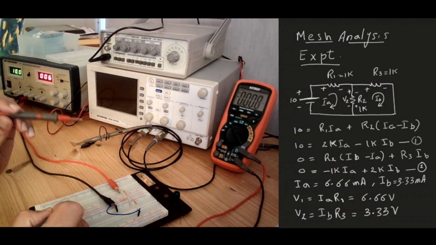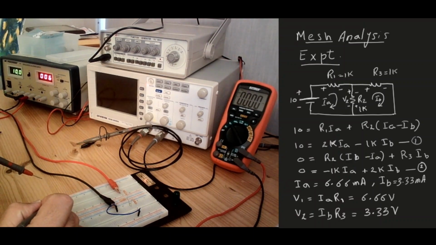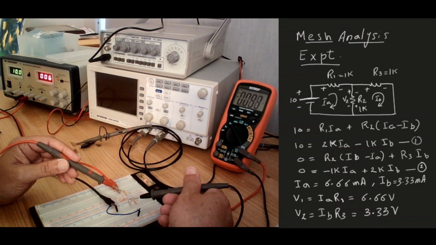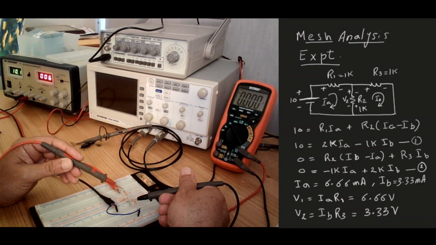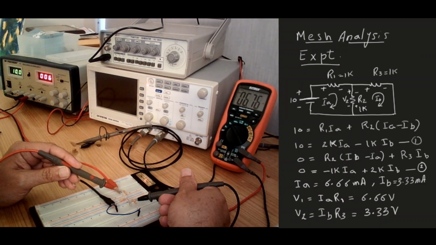Now, according to mesh analysis, we found that the voltage drop across resistor R1 should be 6.6 volts, which means the voltage drop from this point to this point, the two sides of this resistor, and I can see a voltage of 6.76, which is very close to what we calculated.